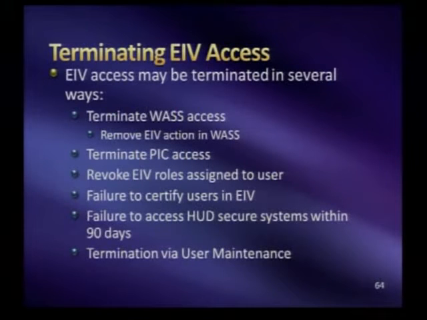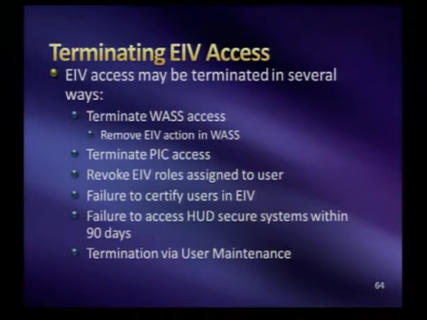If the HUD folks determine that you are non-compliant with security requirements such as technical, physical, and administrative safeguards, say they're out doing a review and they do an EIV review to make sure that you have all the applicable safeguards in place to protect EIV information, and they determine that you are not compliant, the HUD staff can actually go in and terminate your access.